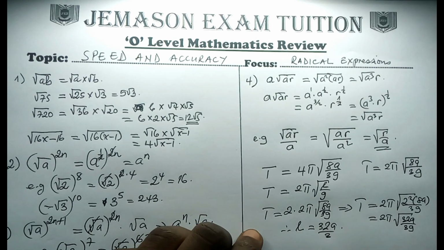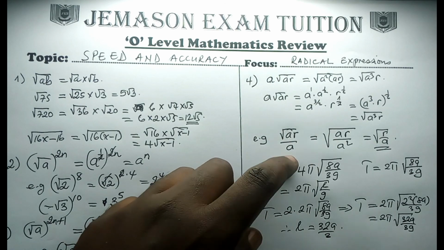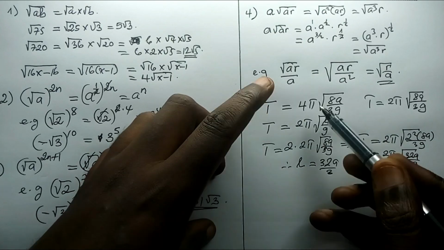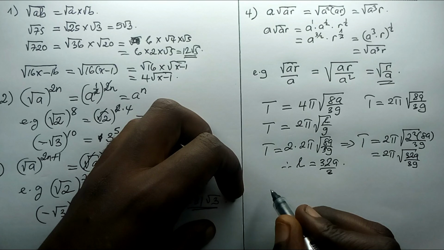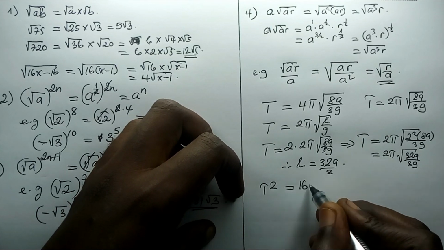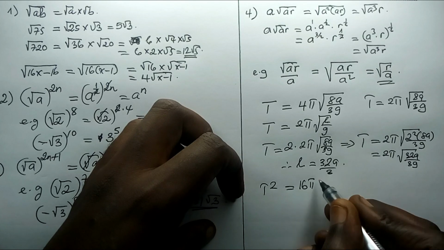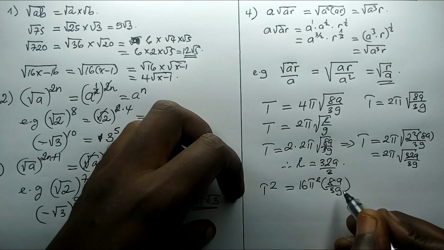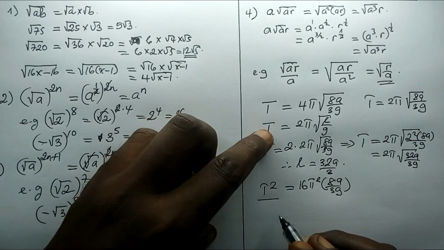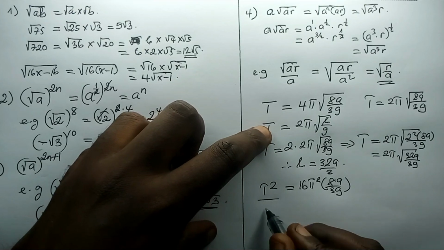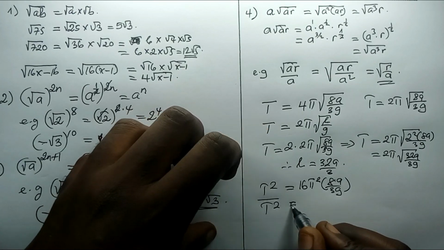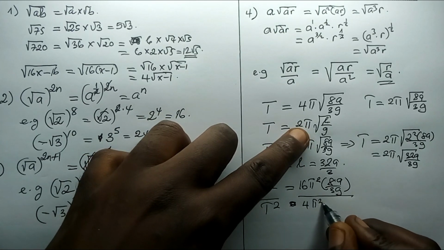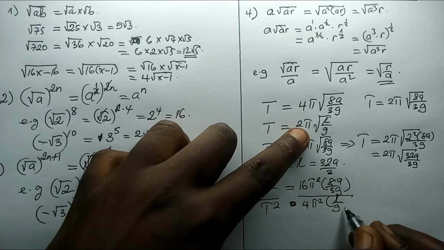The normal way of solving this would have been to square this one, and then divide the two equations. So I would have to say T squared equals 16 pi squared into 8a all over 3g. I divide by the square of the simple pendulum formula, which is also T squared equals 4 pi squared into L on g.